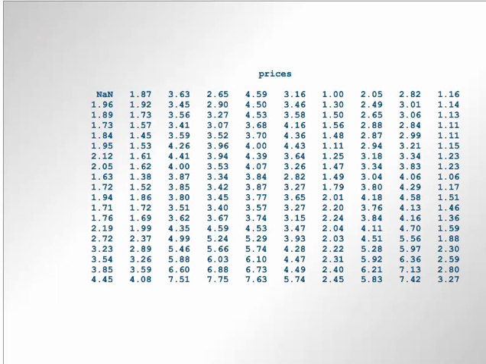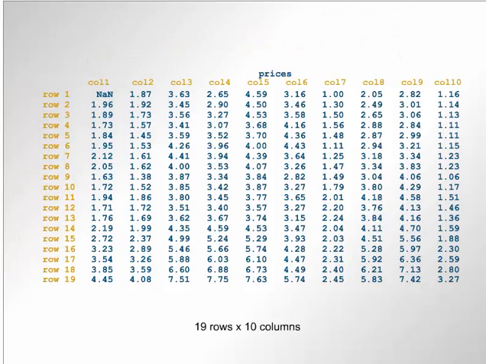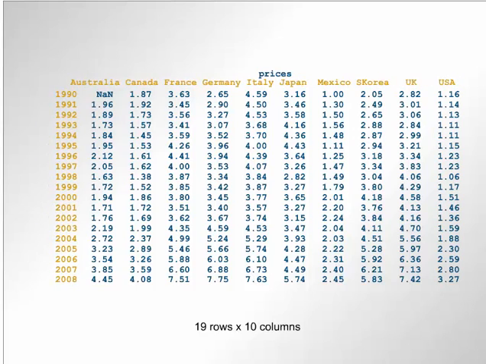To store multiple rows and columns of data in one variable in MATLAB, you can use a matrix. The gas prices dataset you have been exploring contains a table of values with 19 rows and 10 columns that correspond to the gas prices of 10 different countries recorded over 19 years.